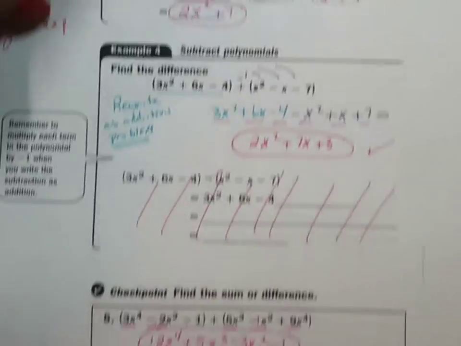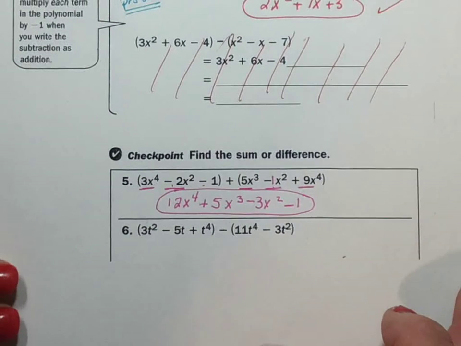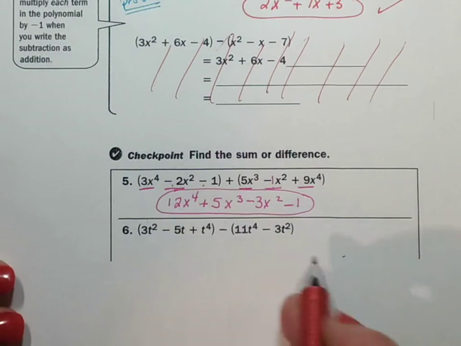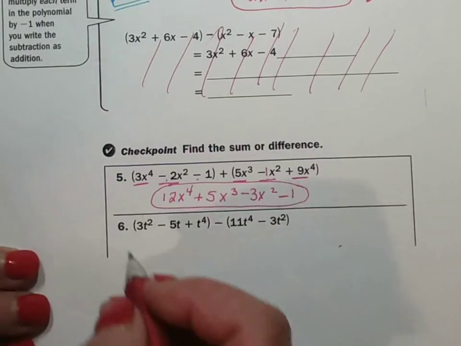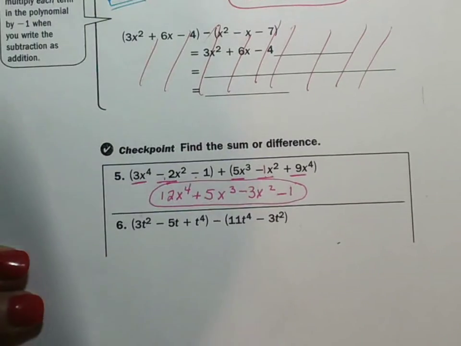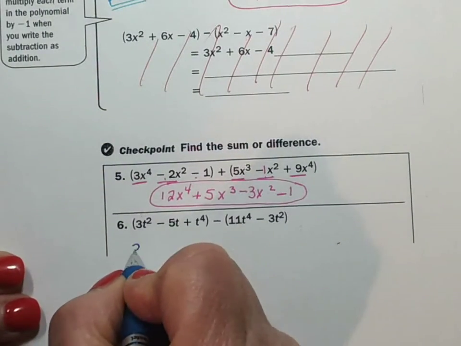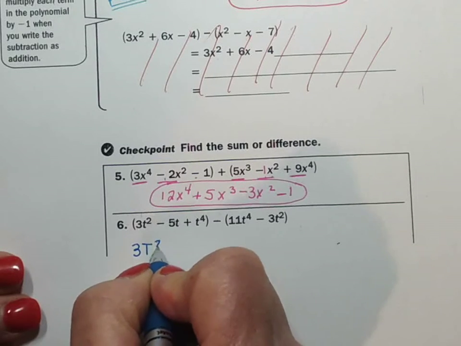So now we have one last problem to do. So I want you to try to do it on your own and put this on pause and then come back and see if you got it right. All right, I'm going to rewrite this as an addition problem.